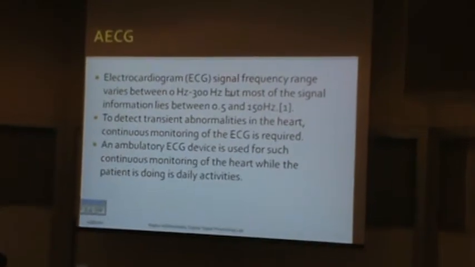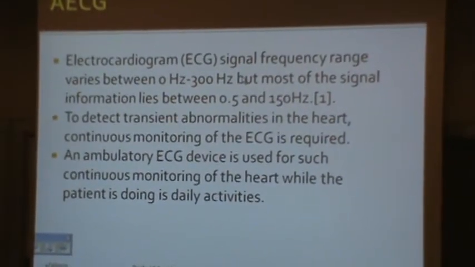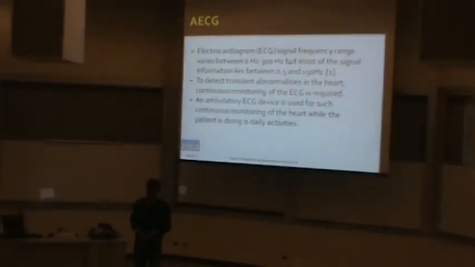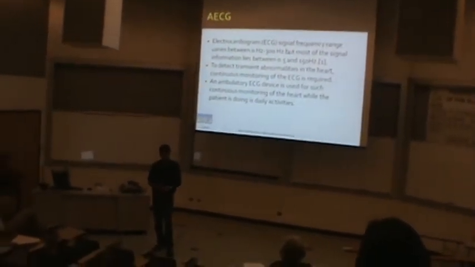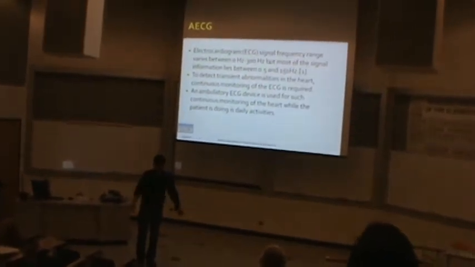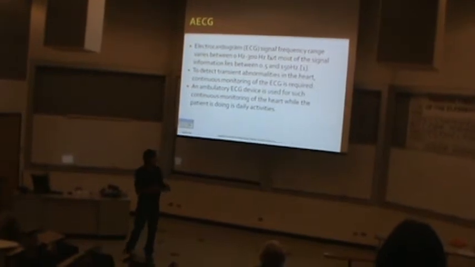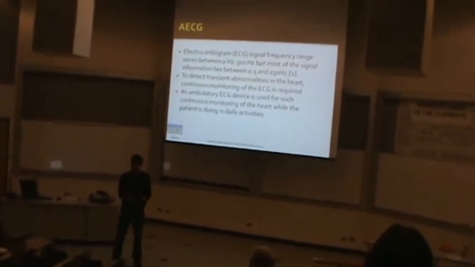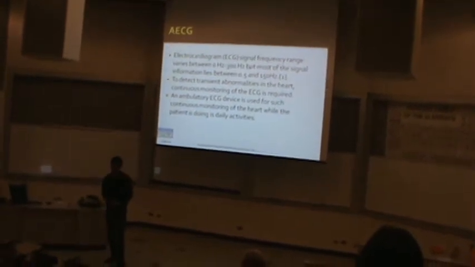Now, ambulatory ECG is the ECG that is recorded when the patient is doing his normal activities. Usually, the way ECG is recorded in hospitals is that the patient lies down. We have 12 leads placed all over your body, and each of these leads gives a unique ECG signal, which is then monitored, and medical information is taken from these signals.